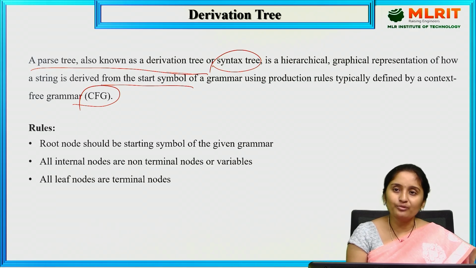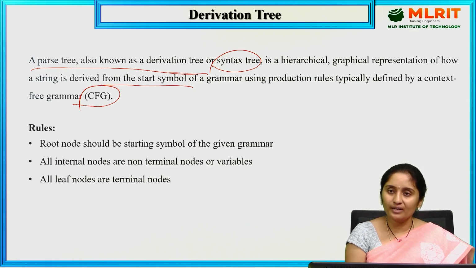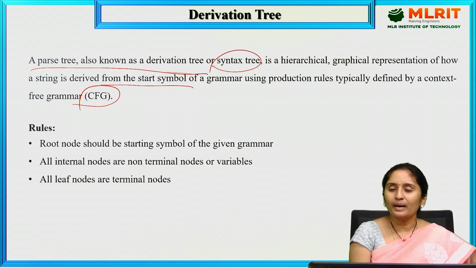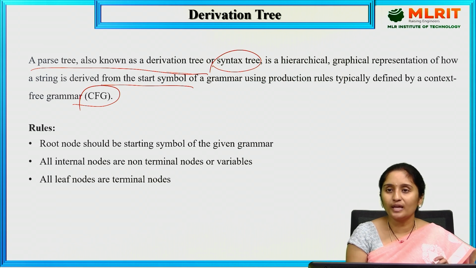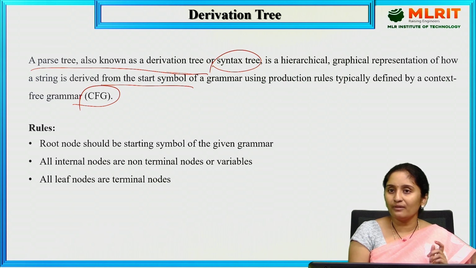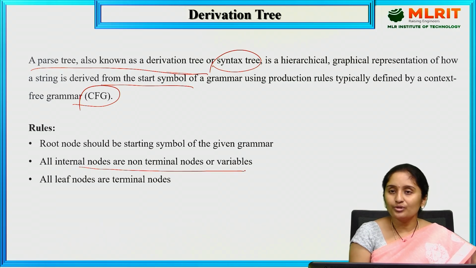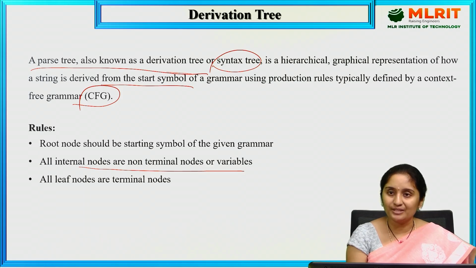There are some rules we need to follow to derive the parse tree. The root node should be the start symbol of the given grammar. I have a grammar with production rules, and I need to take the production rule which has the start symbol, so the start symbol is our root node. The internal nodes are the non-terminal nodes, which we can also call variables, and they are written in capital letters.